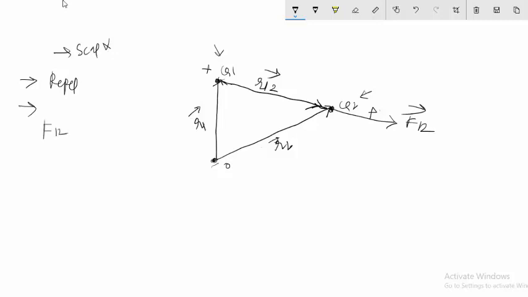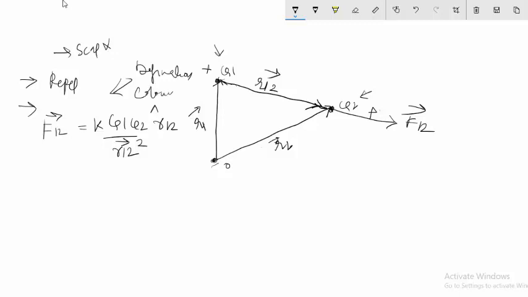So F12 will be equal to K Q1 Q2 divided by R12 whole square, times the unit vector of R12, which gives the direction from 1 to 2. This is from the definition of Coulomb's law, and we are giving the direction of the vector using the position vector.